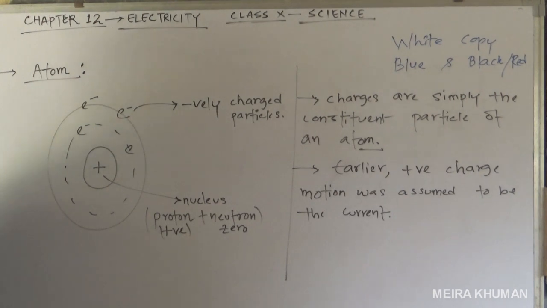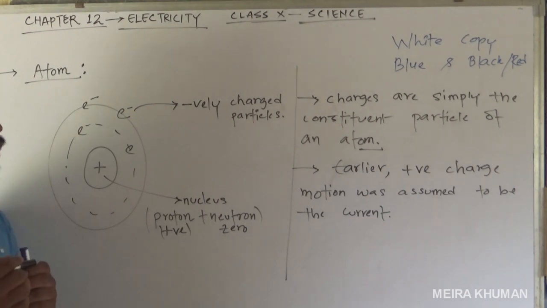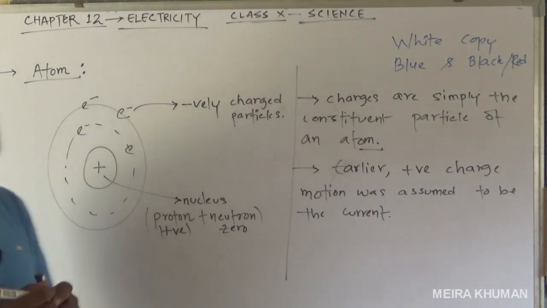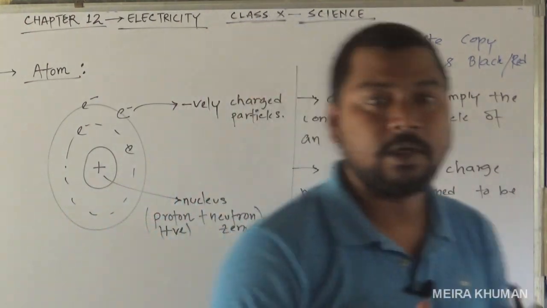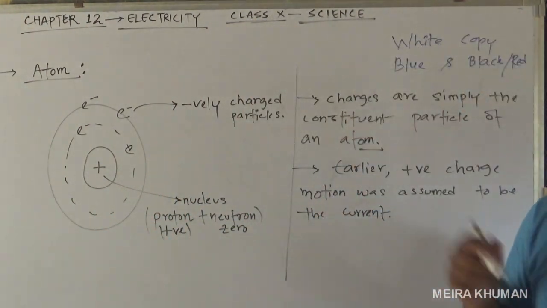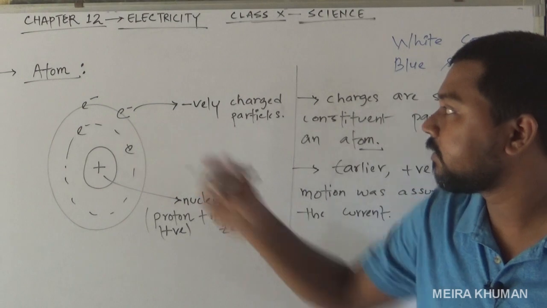Although after that the scientists discovered the electron, the negatively charged particle. Thereafter our recent studies have been going on. So in this chapter, whenever I say charge, I will be hinting at the negative charge only, that is the electron.